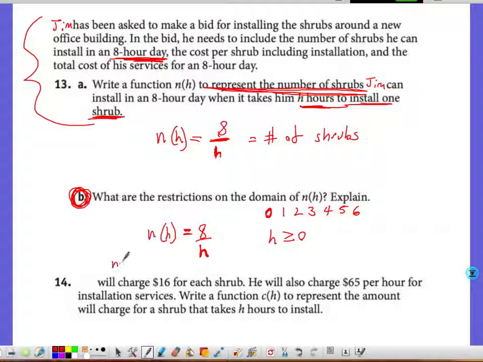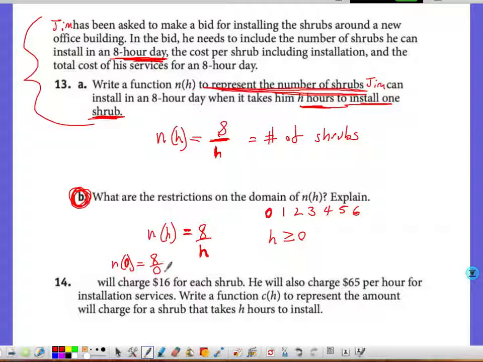So n of 0 is equal to 8 over 0. Is there a problem here? Yes. Remember, and I'm pretty sure almost all your math teachers have told you this, you can never divide by 0.